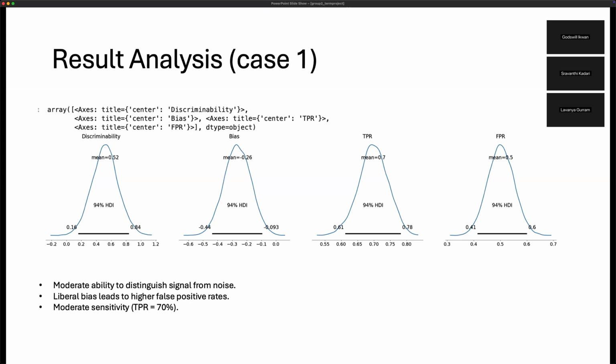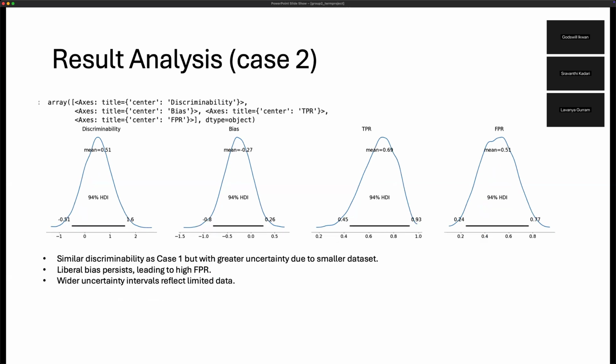Based on these results for case one, we have a moderate ability to distinguish signal from noise, and we have a liberal bias. This means that a negative bias leads to a high false positive rate.